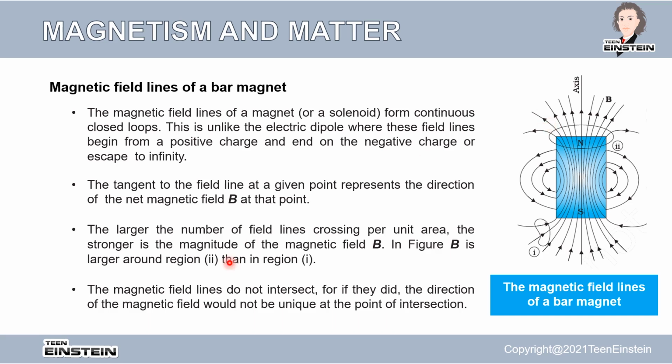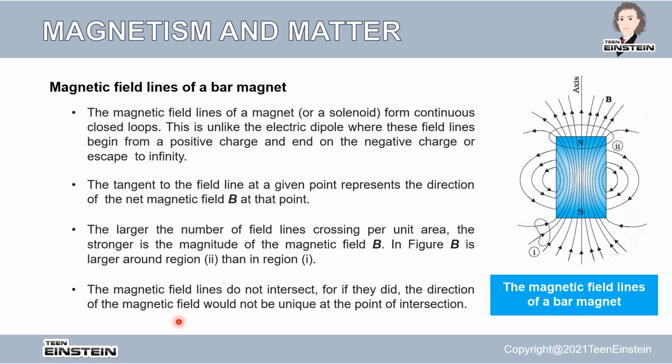The larger the number of field lines crossing per unit area, the stronger is the magnitude of the magnetic field B. So this is again similar to the electric field case, when we count the strength of the electric field based on the density of the field lines. So in figure B, based on this principle, we can say that region 2 has more number of magnetic field lines. So the field is stronger here compared to this area where the field is weaker.